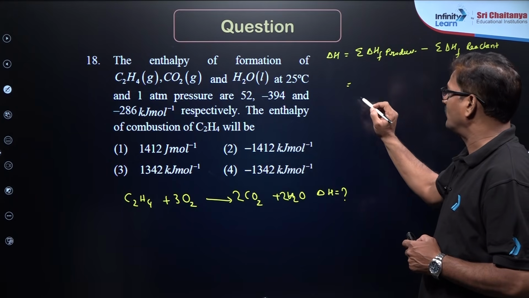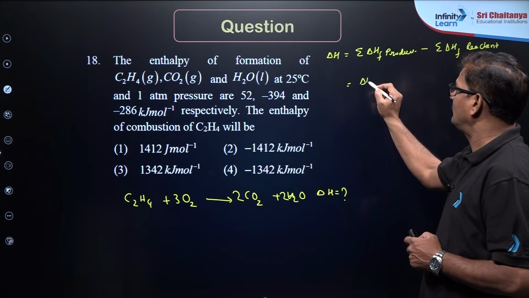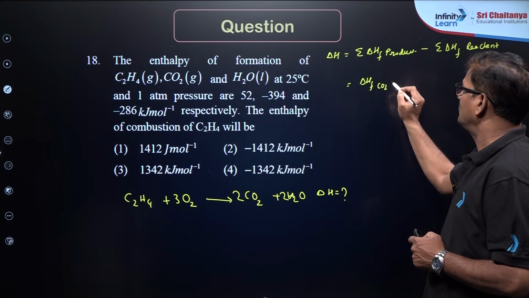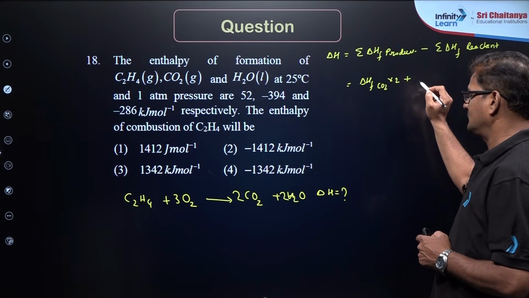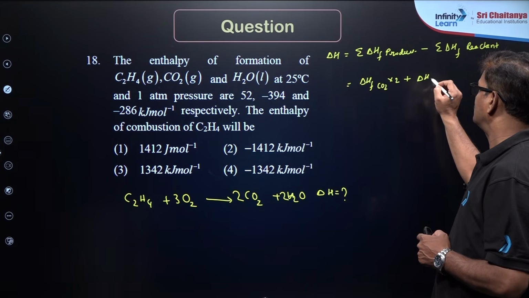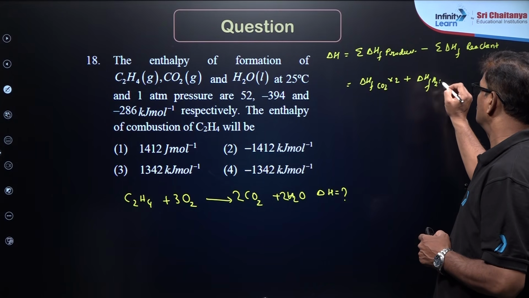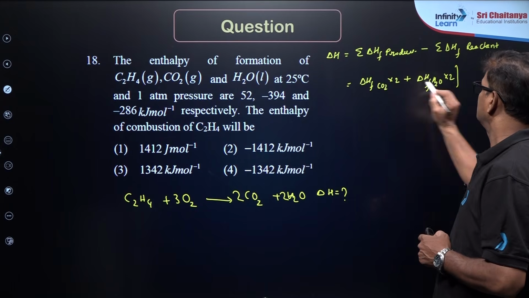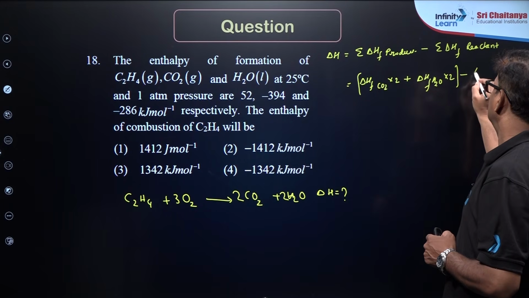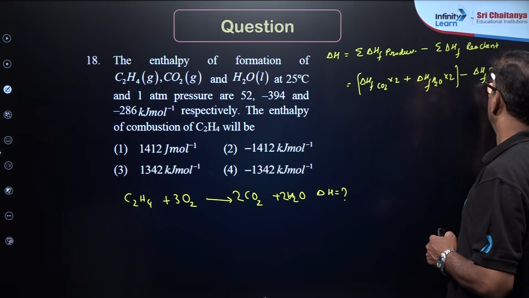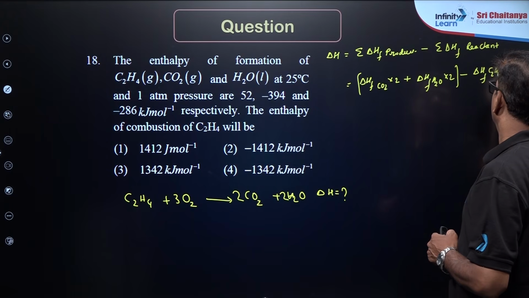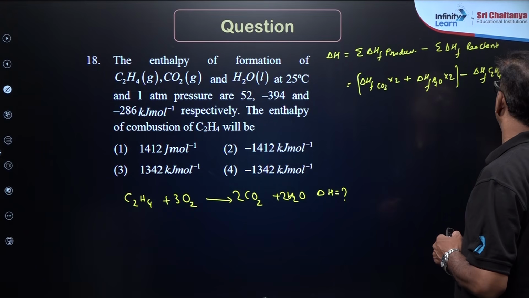So, what are the products? Enthalpy of formation of carbon dioxide into 2 plus enthalpy of formation of water into 2, minus enthalpy of formation of C2H4 plus enthalpy of formation of oxygen into 3.